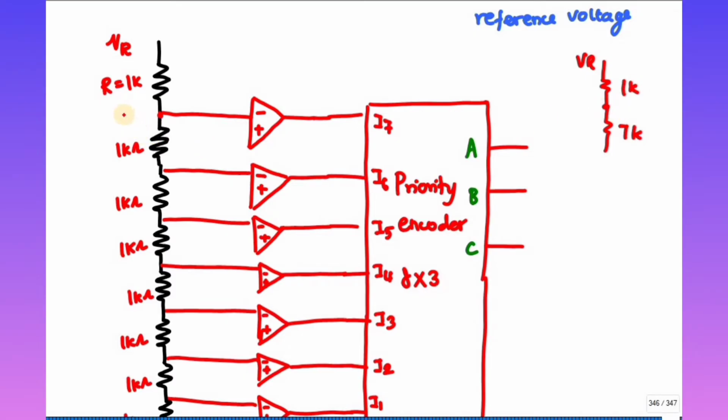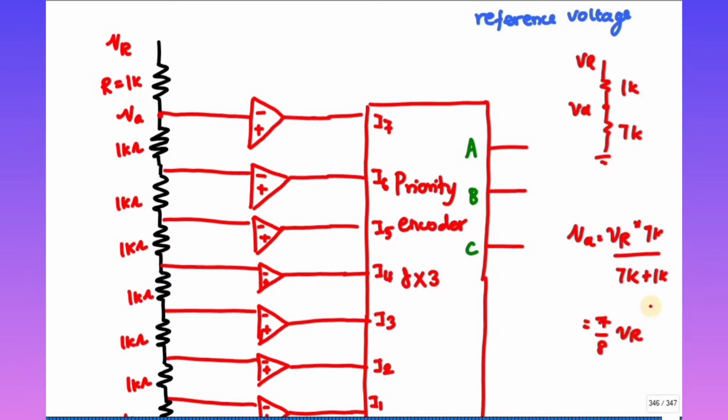If I take this point as VA, what is my VA? According to the voltage divider rule, VA is equal to my total voltage VR into 7k divided by 7k plus 1k, right? So it is nothing but 7 divided by 8 into VR.